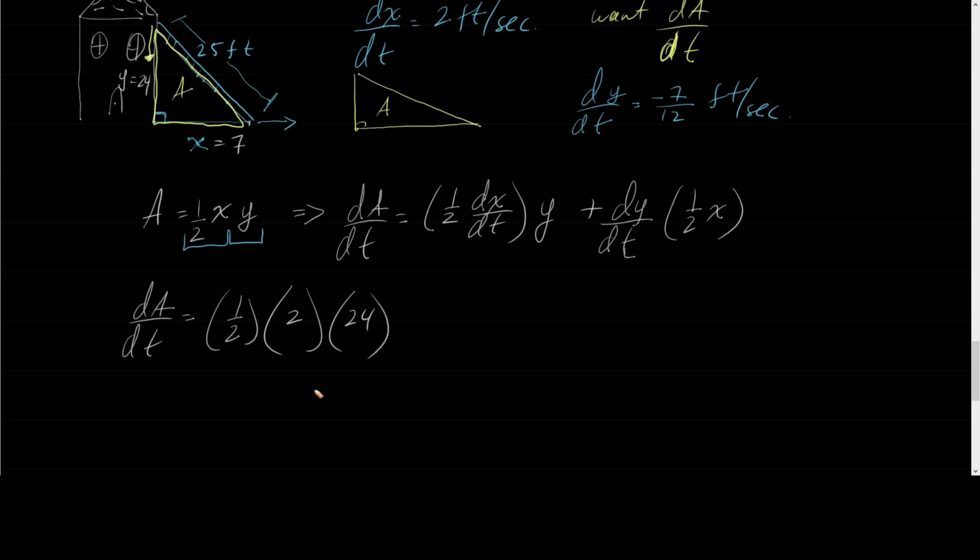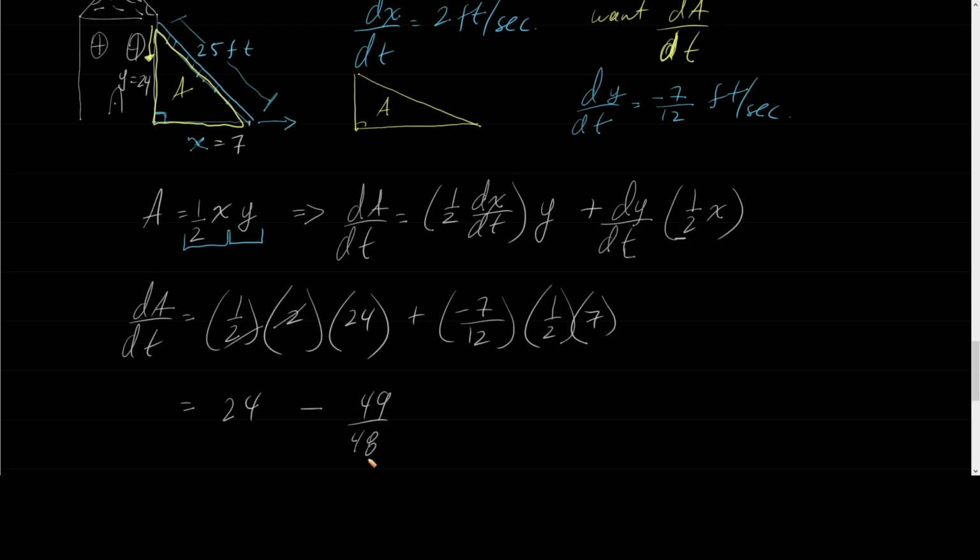So there it is, 24. Plus dy/dt, which we just remembered was negative 7/12, times 1/2 times x. X at this point is 7. So what do I end up with? These twos cancel out. Here I've got 24 plus negative 7 times 7, which is 49, over 48 there.